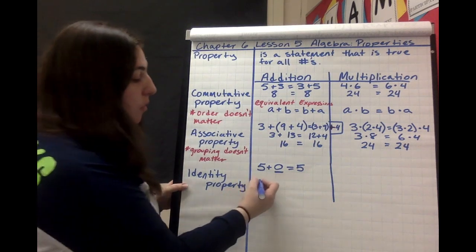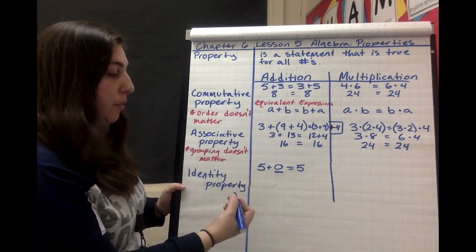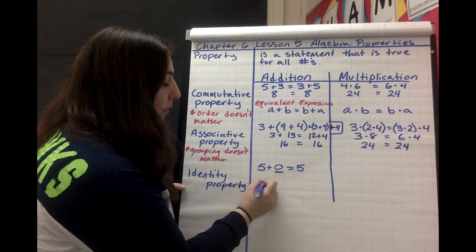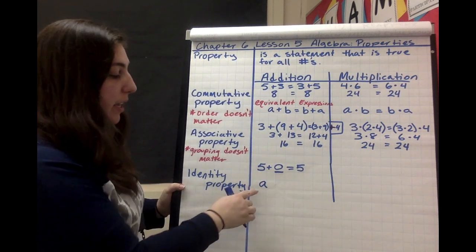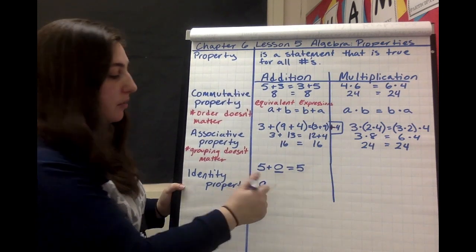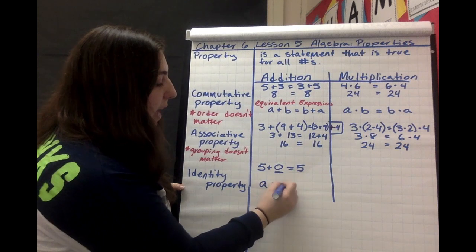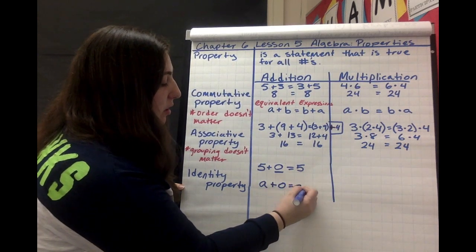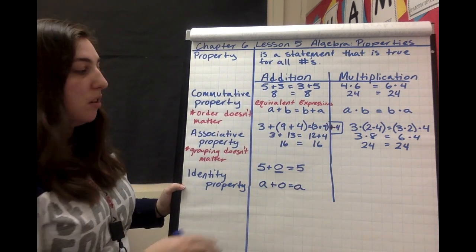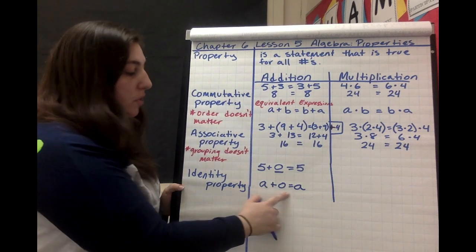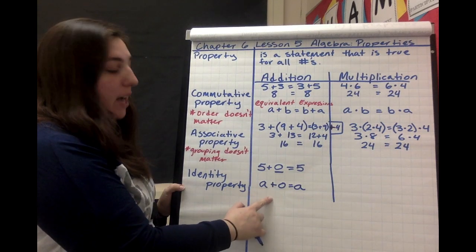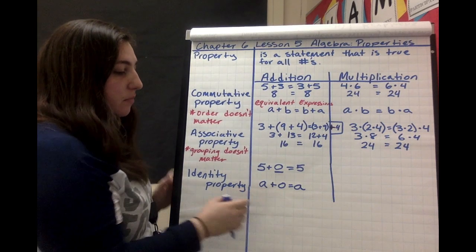And if I try to use a variable with this, so if I'm using a as my variable, and a can be any number, if I add 0 to it, I'm still going to get a. So that's the additive identity, 0.